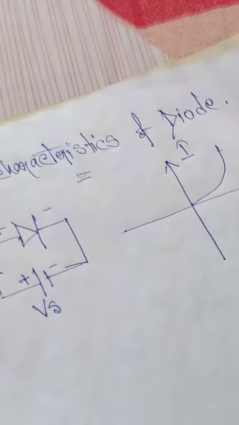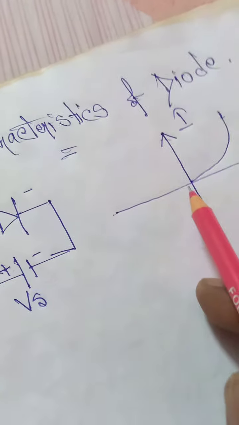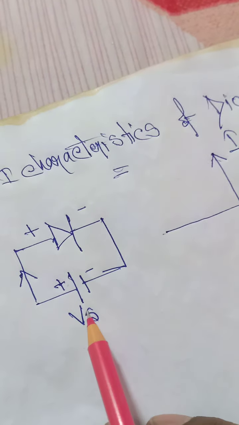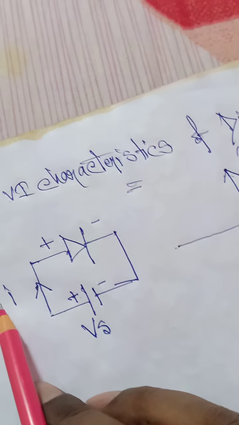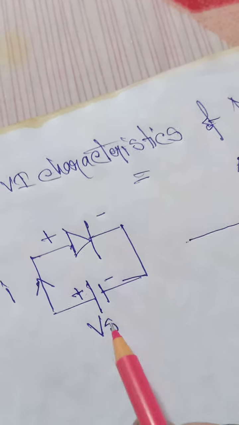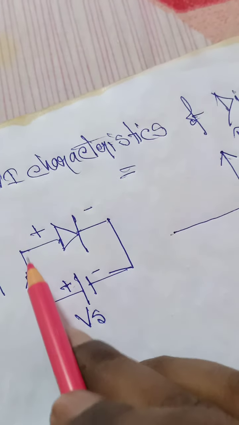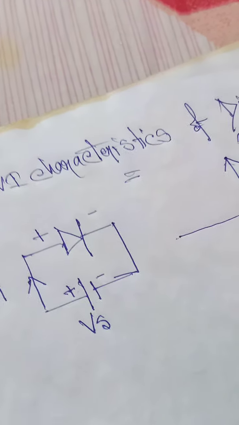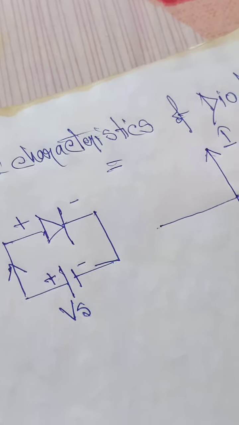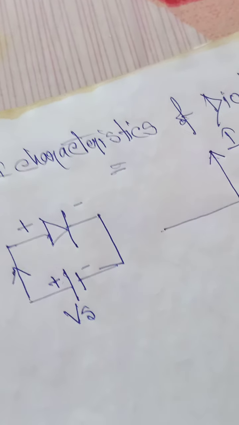This is, suppose, a source voltage that is increasing from 0. When Vs is 0, I equals 0. When Vs increases, I will increase, right? So that is one point, that is the cut-in voltage.